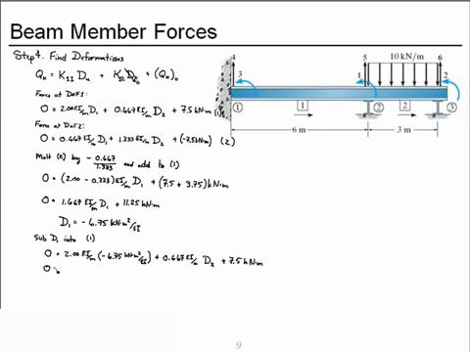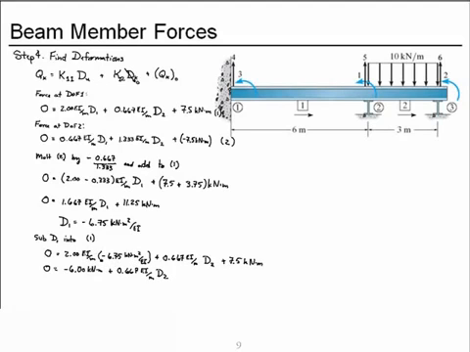And so I get 0 equals a minus 6.0 kilonewton meters plus 0.667 EI per meter times deformation 2.